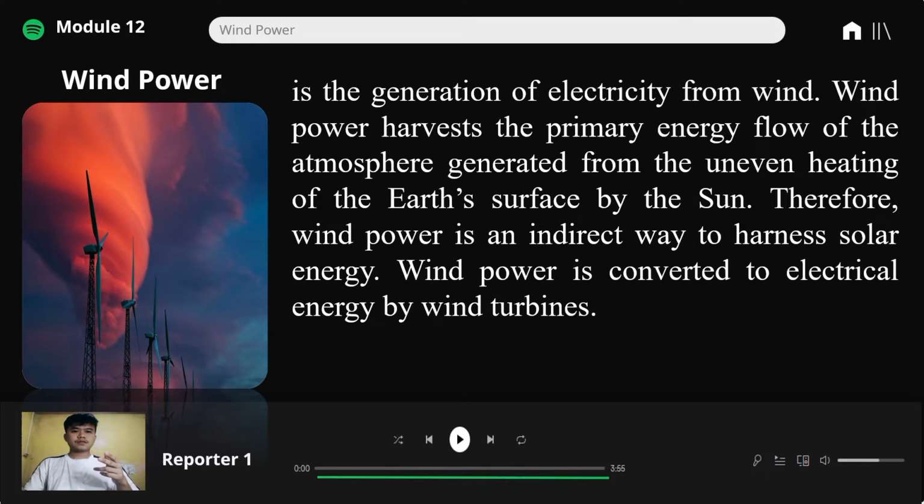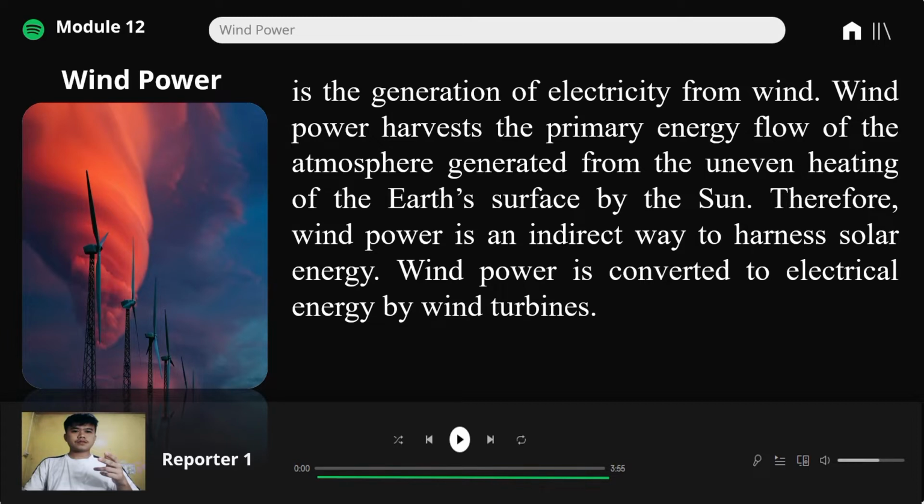Wind power is converted to electrical energy by wind turbines, which use blades to collect the wind's kinetic energy. Wind flows over the blades creating lift similar to the effect on airplane wings, which causes the blades to turn. The blades are connected to a drive shaft that turns an electric generator, which produces the electricity.